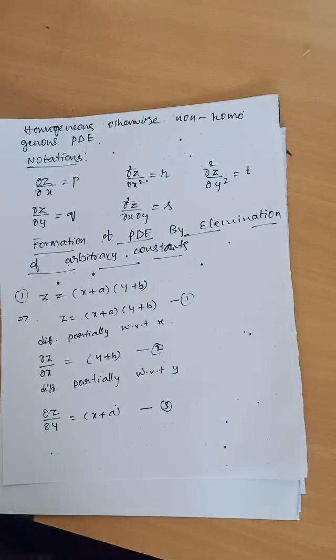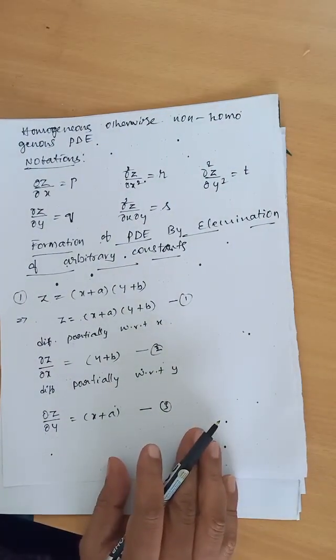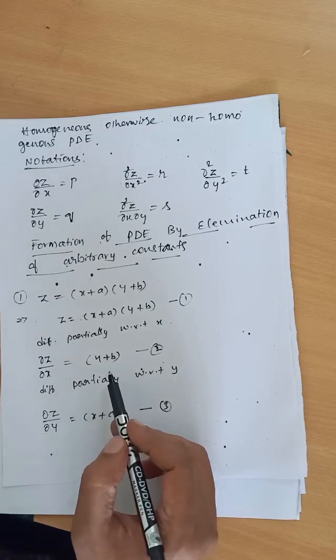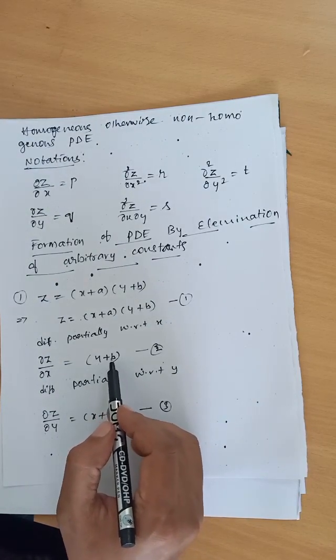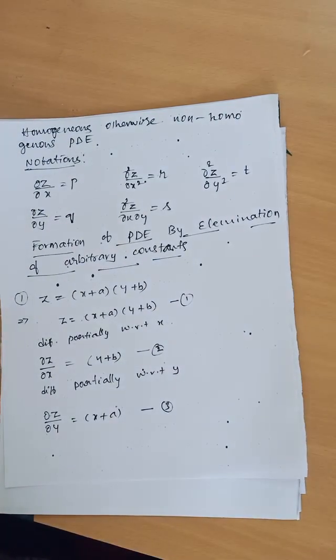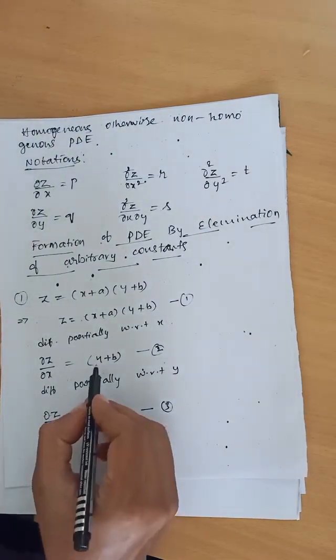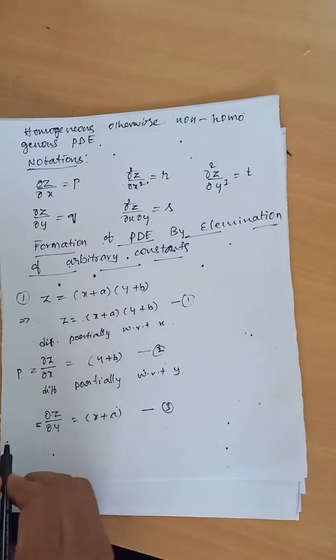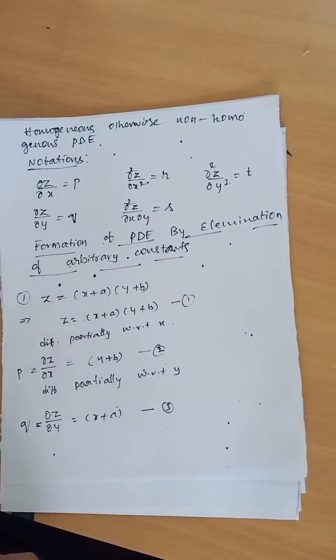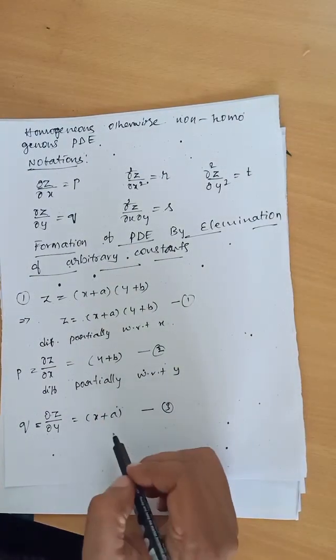Using these 3 equations, our intention is to eliminate what? a and b, right? We denote dou z by dou x as p, and dou z by dou y as q. Tell me the options for eliminating a and b.